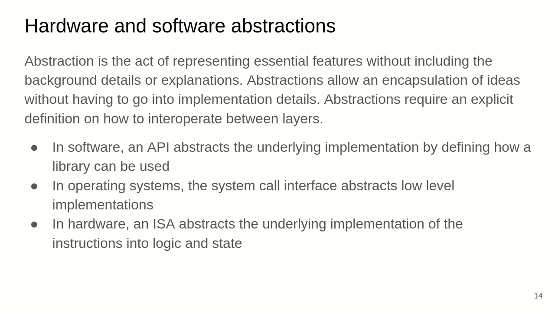We do the same in the operating system. The operating system provides the system call interface to abstract away the low-level implementations and to make it easier for us to access hardware and to share hardware among many different processes.